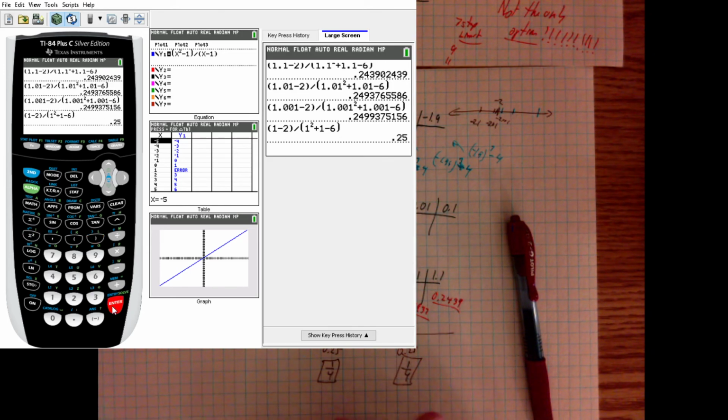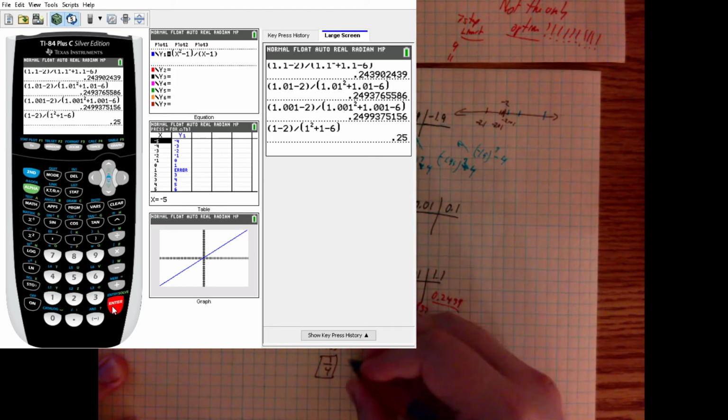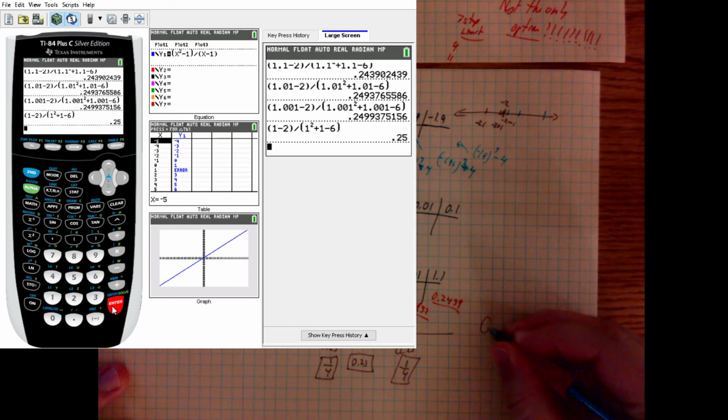This is a successful limit. This is a good thing, because not only did my left-hand side and my right-hand side approach a value, but it's the same. This is a good limit.